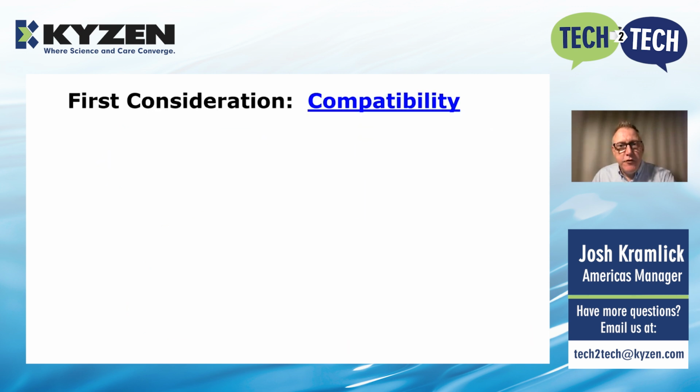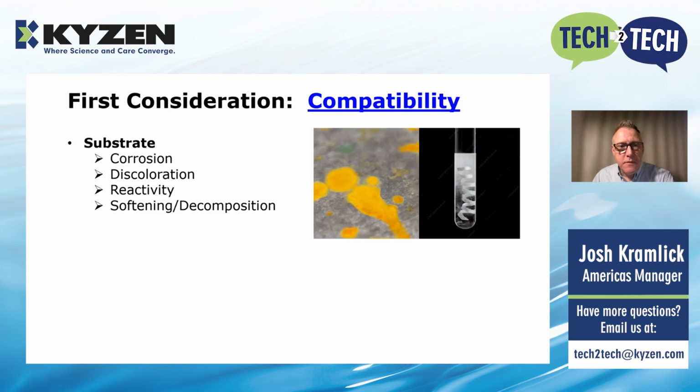So the first consideration in this framework is compatibility. We talk about substrate compatibility on a very frequent basis. We're looking at things like corrosion, discoloration as potential concerns, reactivity, softening, and decomposition. For example, with corrosion, the image on the left here shows some flash rusting on a ferrous alloy, which is a common concern.